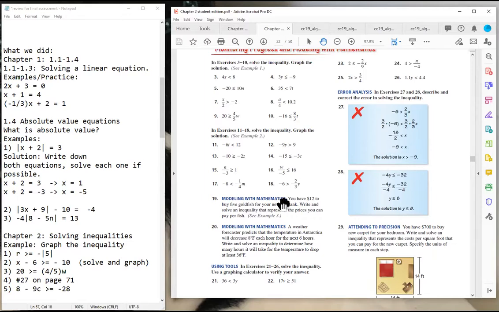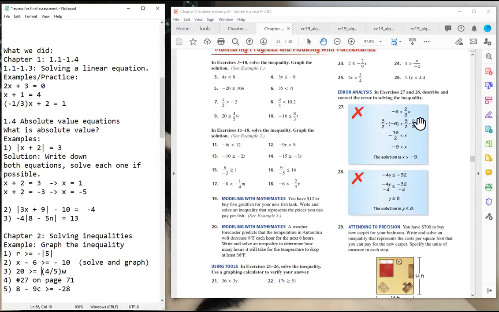So the thing we had to learn was that if you multiply an inequality on both sides by a negative number, that inequality switches. But if you multiply both sides by a positive number, the inequality doesn't switch. So you could multiply both sides by 5/4 in this example and solve the inequality.